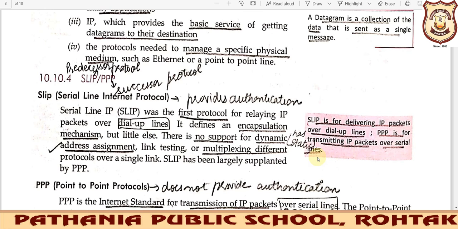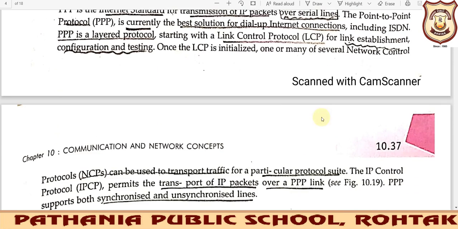If we talk about data packet loss, there is authentication in the SLIP protocol. It will not allow the data to get lost in between, but in PPP the disadvantage is that data packets may sometimes get lost. The next point of difference: SLIP is not connected with any other protocol, but PPP is connected with other protocols, like LCP.